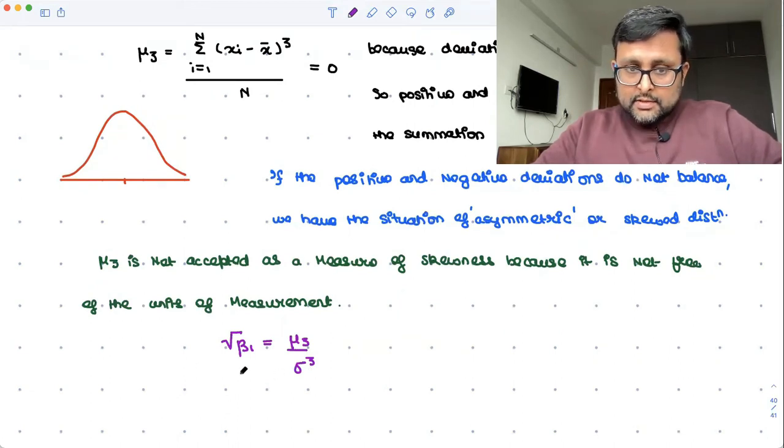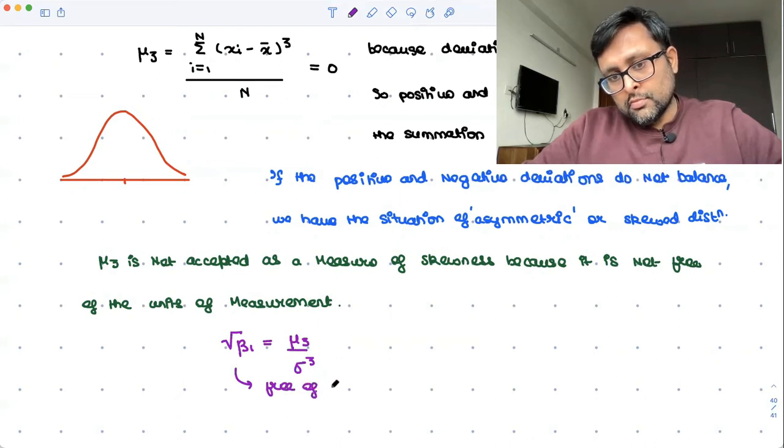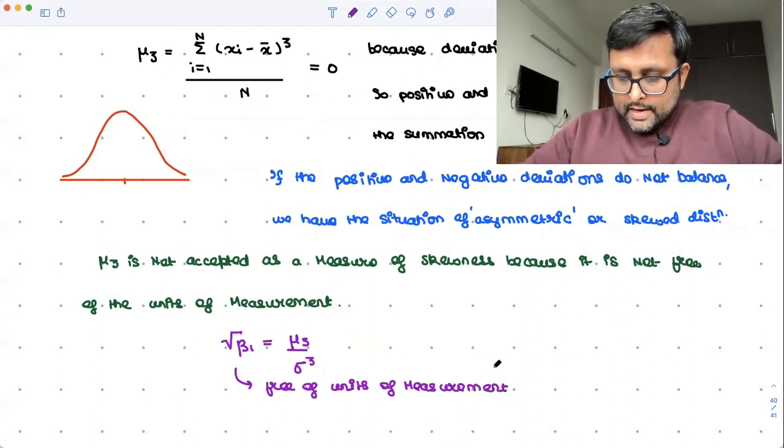So this is basically taken up as the measure of skewness. It is free of units of measurement, and it is a pure number.